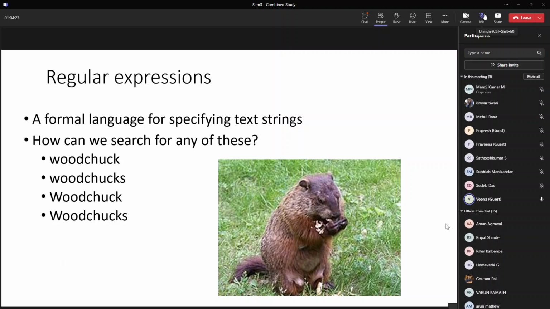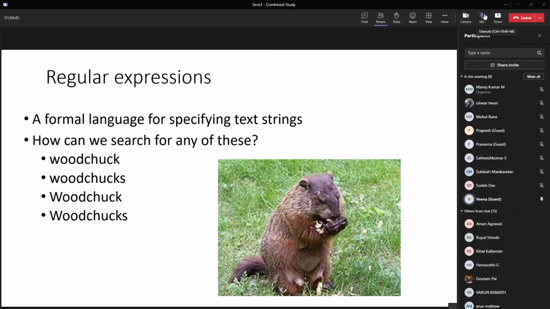So for example, the woodchuck we can write in all these different ways. Do we know which method to choose to write it?